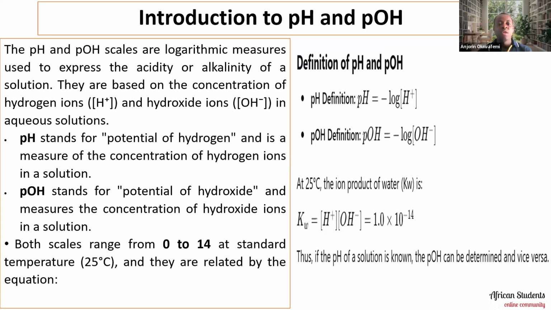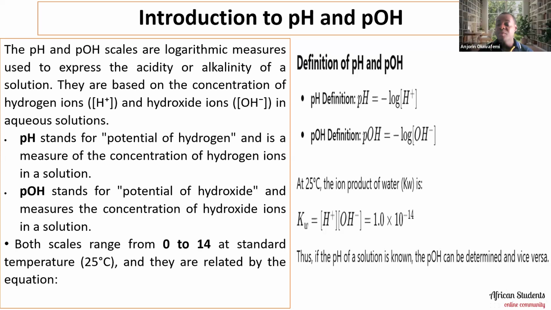So both scales, the pH and the pOH scale, range from 0 to 14 at a standard temperature of 25 degrees Celsius. That's the room temperature. And they are related by the equation. What is the equation? pH equals minus log of hydrogen ion concentration. pOH equals minus log of hydroxide ion concentration.